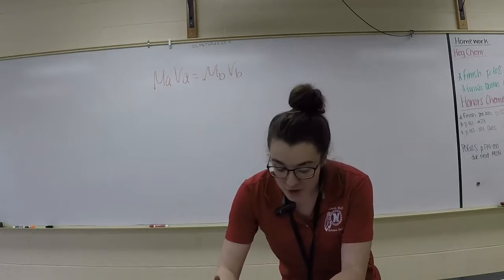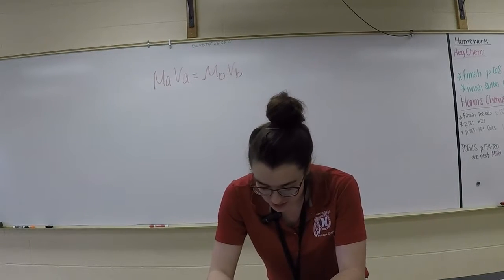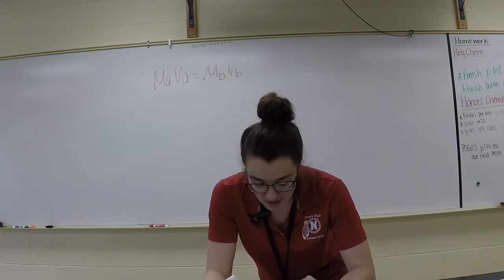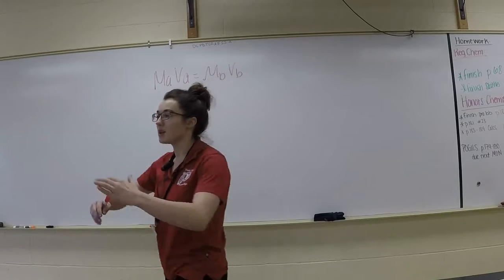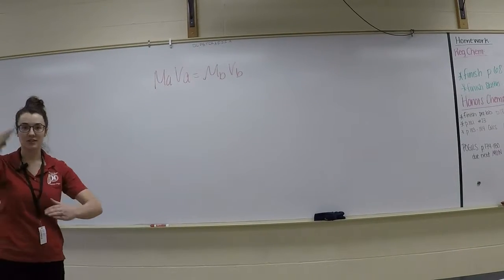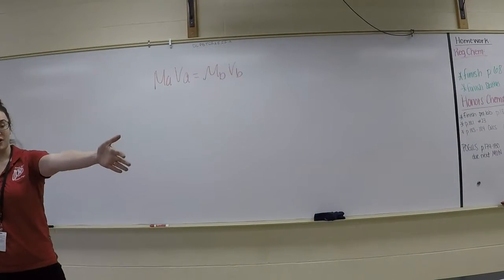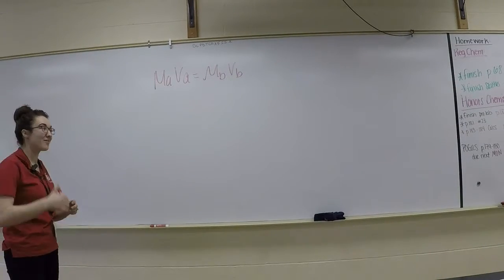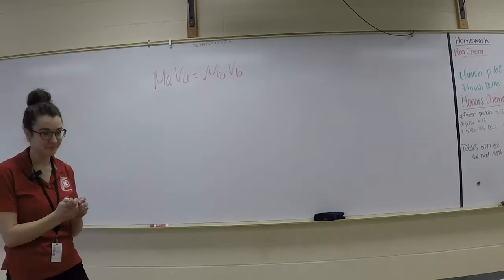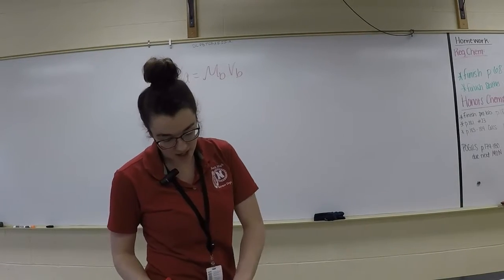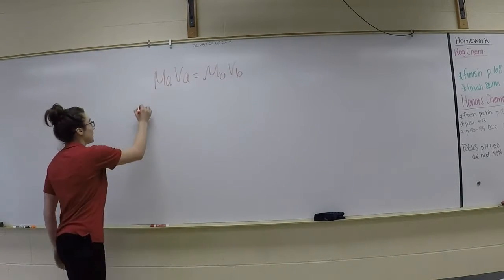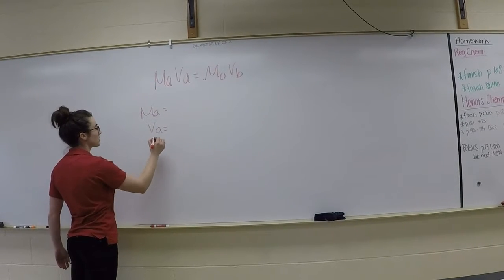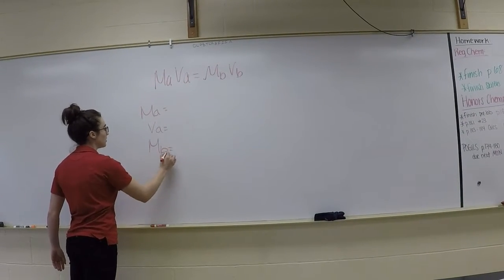Okay, so if you read the description on page 173, obviously M is the molarity, and then the V's are the volumes that we can read off of the burette, right? So they're going to give us the volumes here, but next class, we get to read the volumes off our burette. Okay, so let's look at problem number 1. Like the other types of problems, I'm going to list out all my variables first and then start filling in the information.